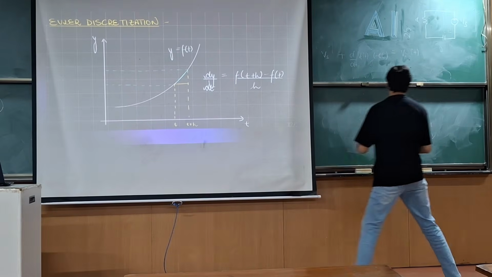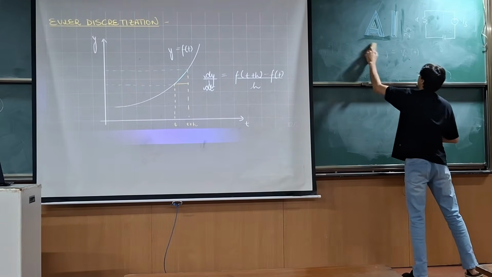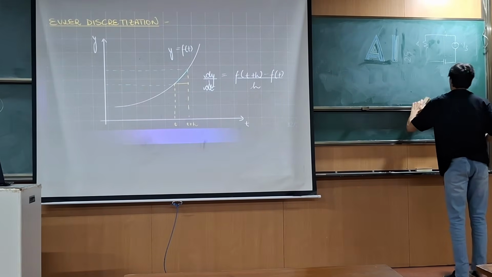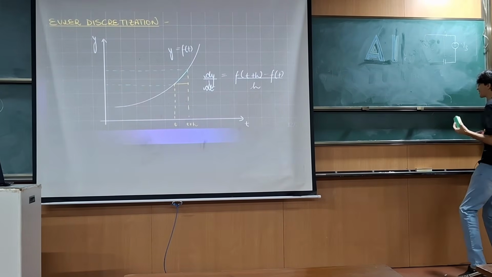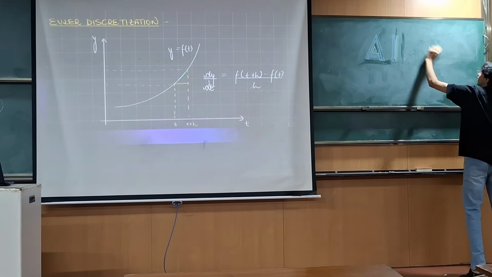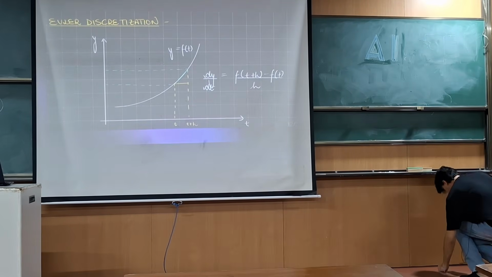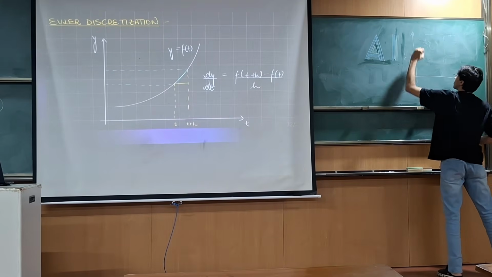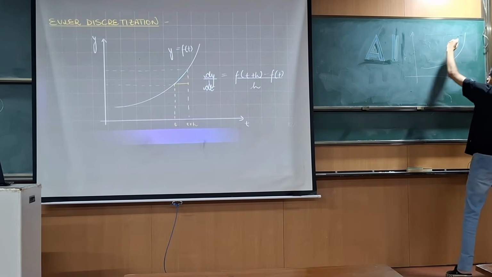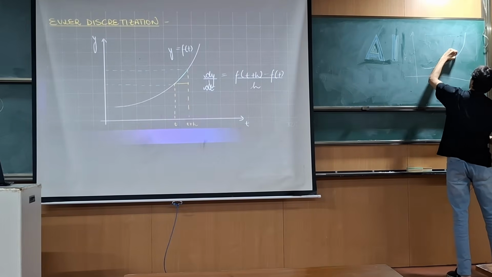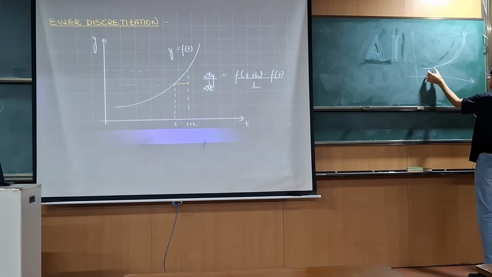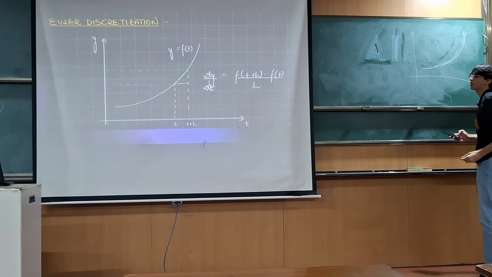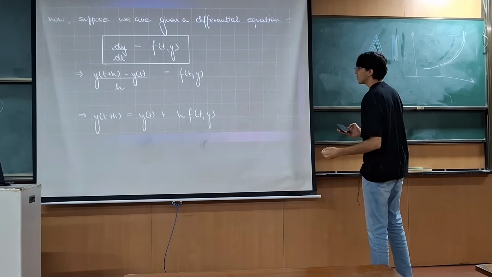Instead of being on a continuous curve, you're taking small steps. These steps are really small, but you're moving in discrete times. You're not on a continuous curve. So this is what discretization is.